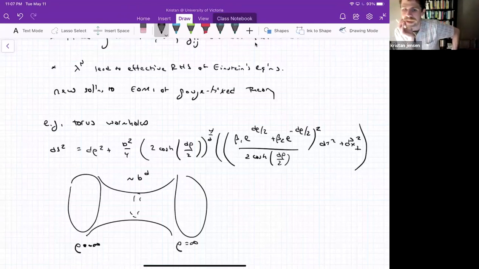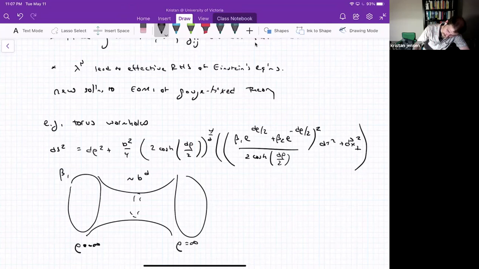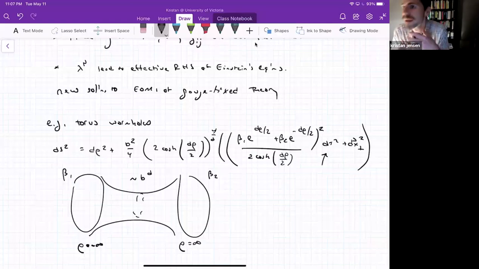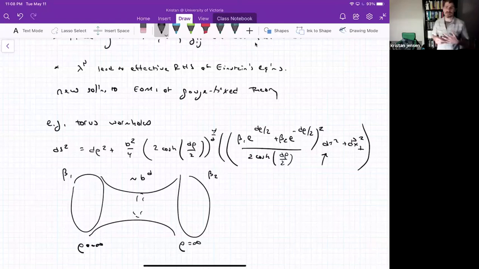So why is there beta 1 and beta 2? Well, those are the sizes of the circle, which I'm denoting as tau, as I'm separating out one coordinate from the others. I want to make contact with black hole physics where the boundary geometry is S1 times space. And I'm going to call that S1 Euclidean time tau. So beta 1 and beta 2 are the sizes of the tau circle asymptotically.